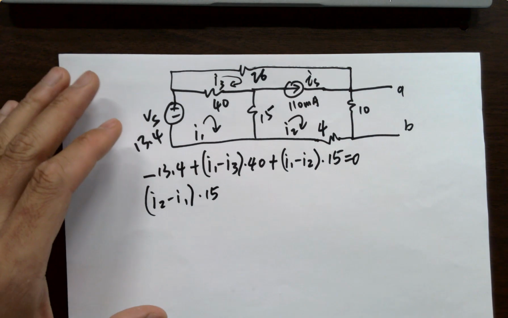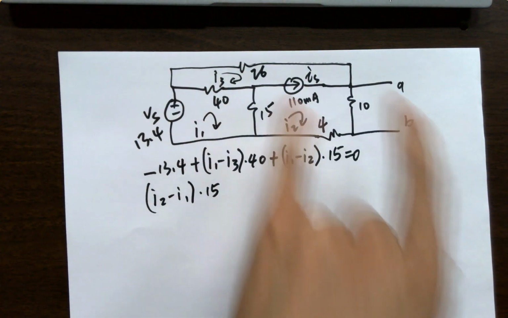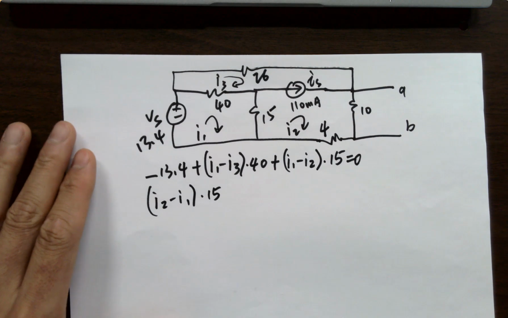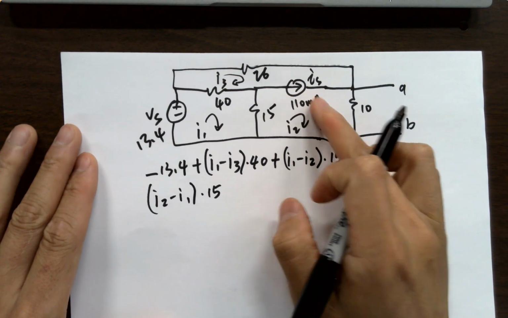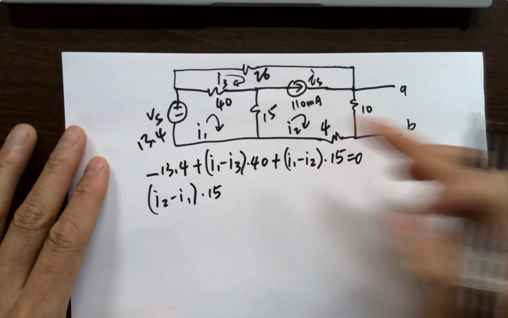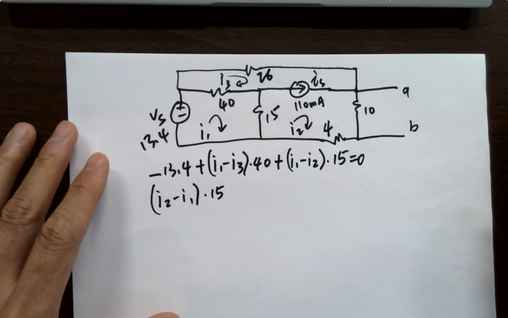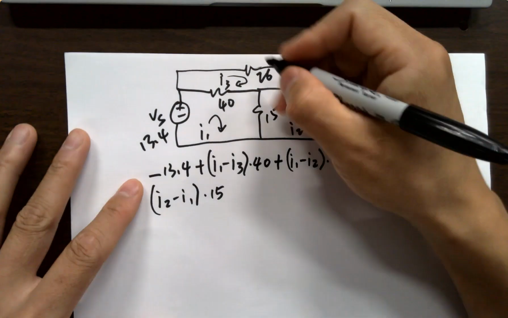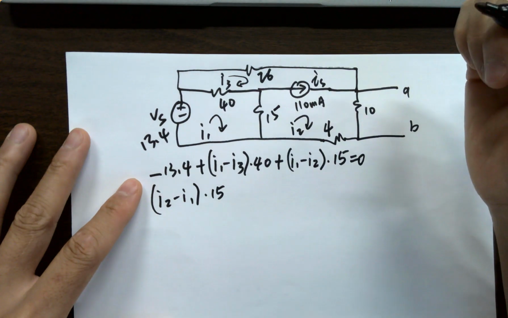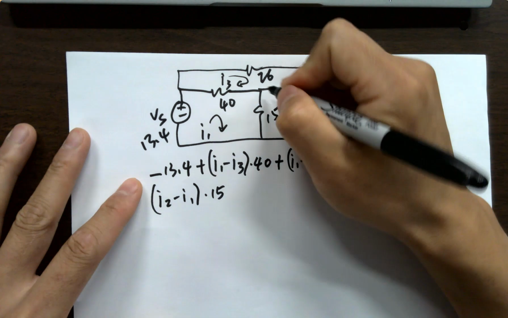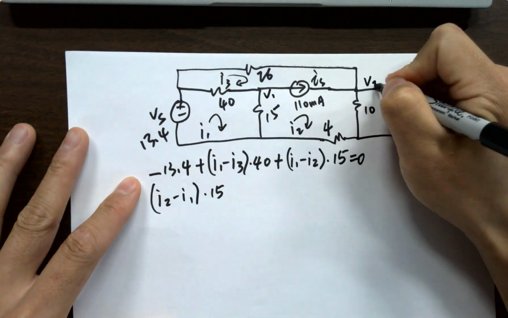We have to assume a voltage across it, which is okay because we know I2 already is given. I2 minus I3 is given. So how do we do that? Delta V. Let's assume V1. Let's just do V1, V2.